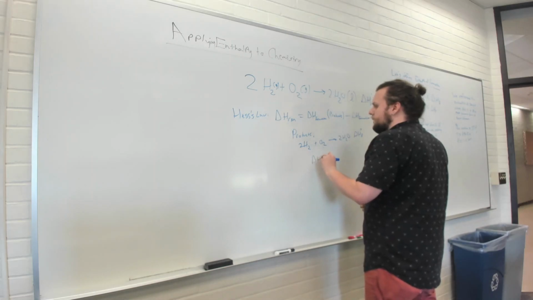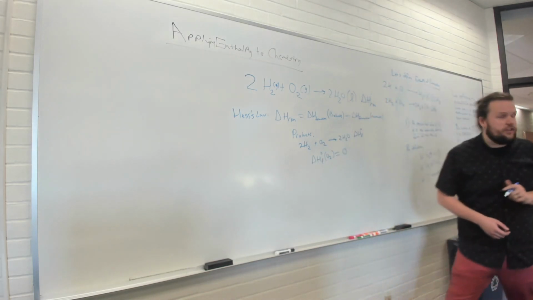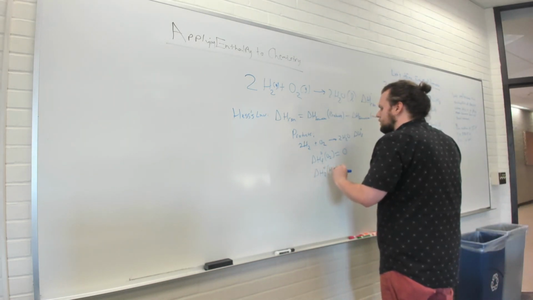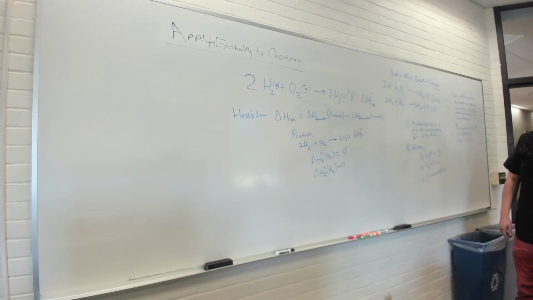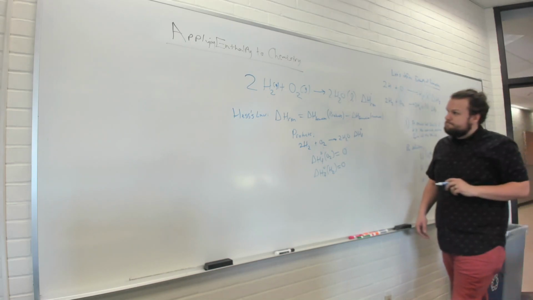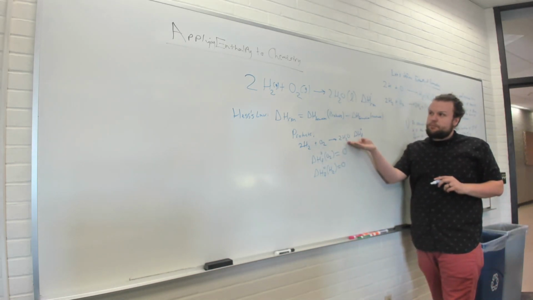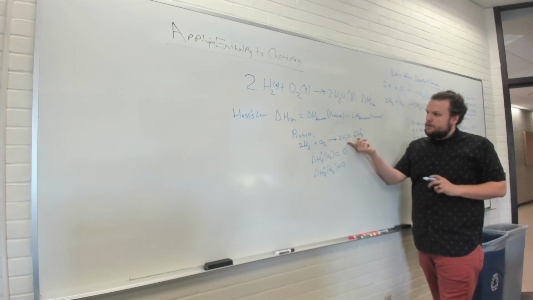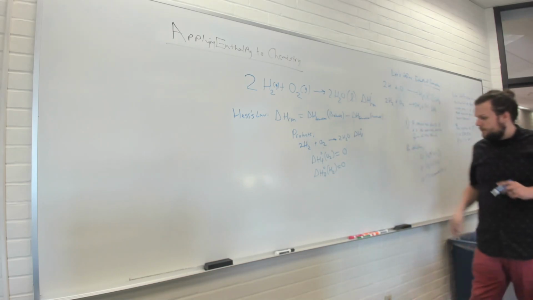And the enthalpy of formation for O2 is 0 by definition, and the enthalpy for H2 is 0 by definition. So when we measure the heat being released or formed from this reaction, we know what we call the enthalpy of formation for water.